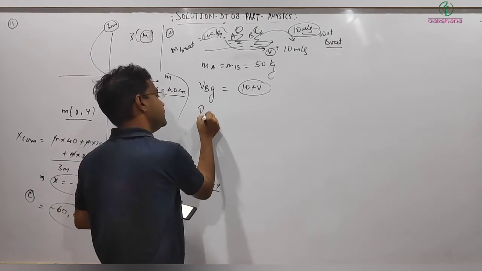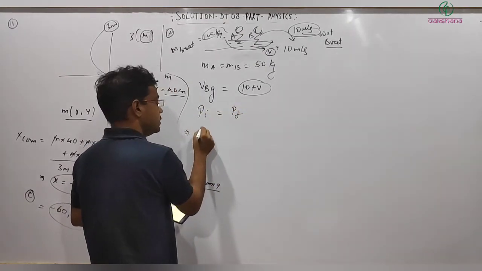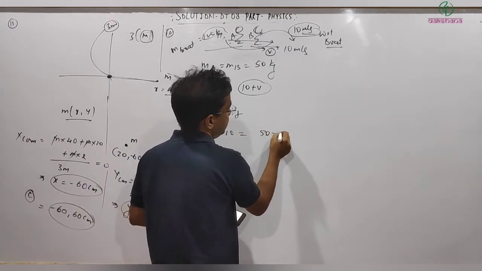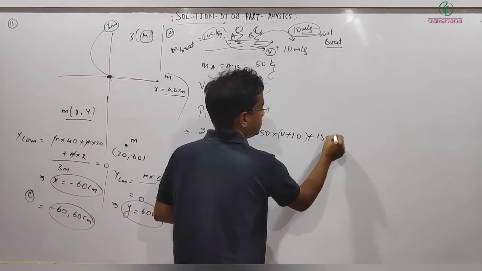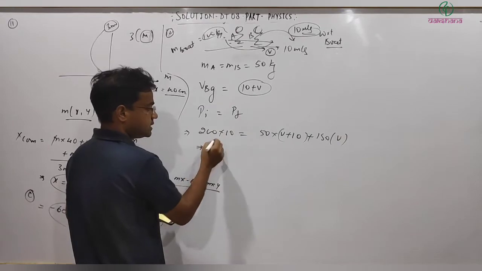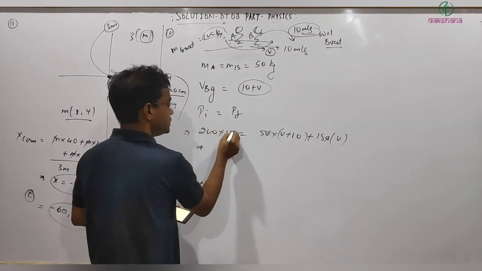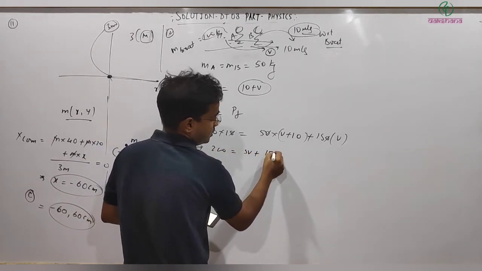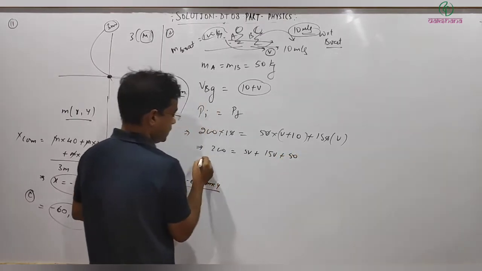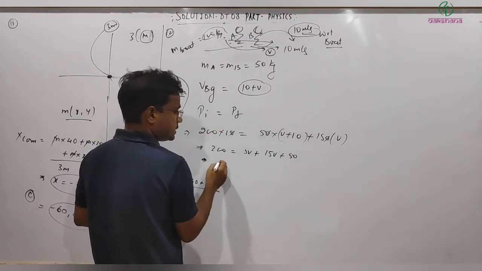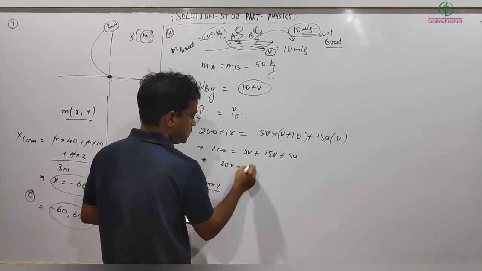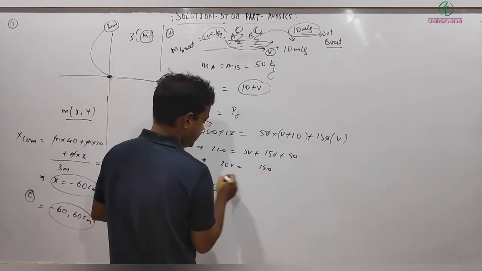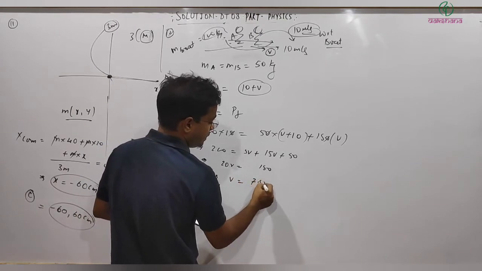So I can write P initial must be equal to P final, and that implies 200 multiplied by 10 should be equal to 50 multiplied by (V plus 10), plus 150 multiplied by V. Simplifying this, the zeros cancel out, and 200 is equal to 5V plus 15V plus 50, so 20V is equal to 150, and V comes out to be 7.5 meter per second.